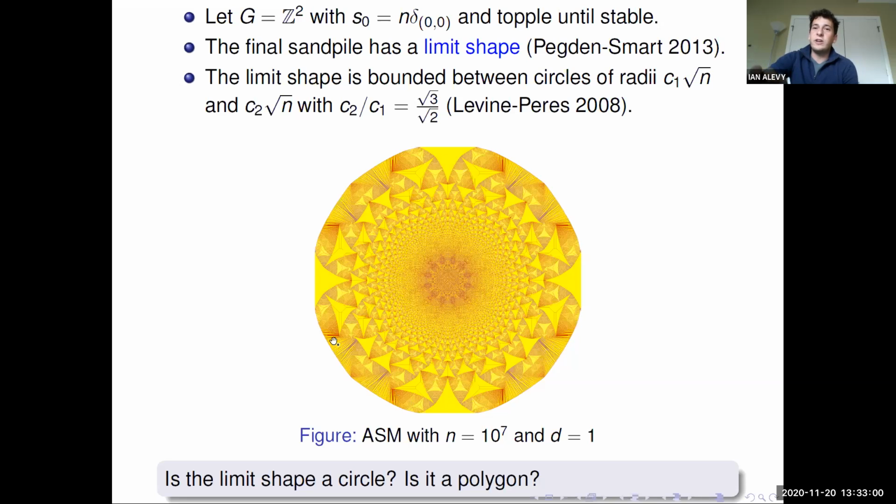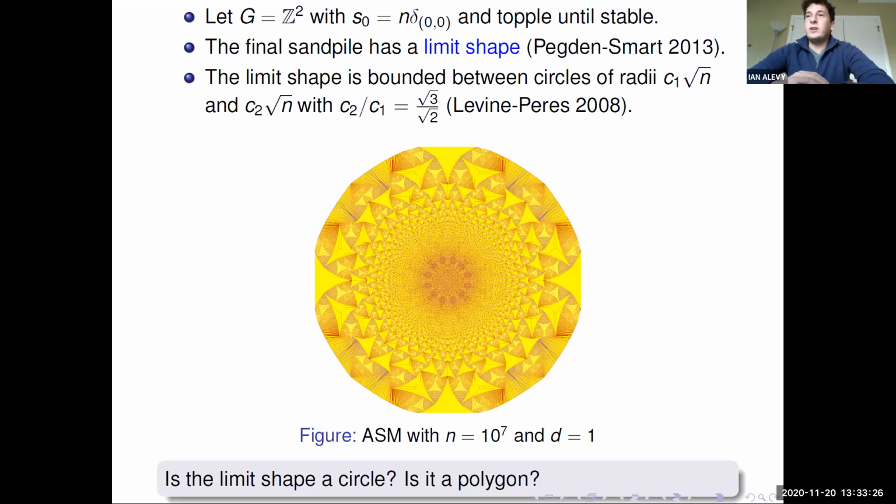The colors correspond to heights of the sandpile in the final configuration. Since we're on Z2, each site has 4 neighbors, so in the stable configuration, all sites have either 0, 1, 2, or 3 grains of sand.